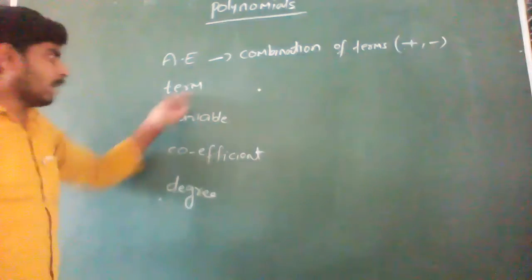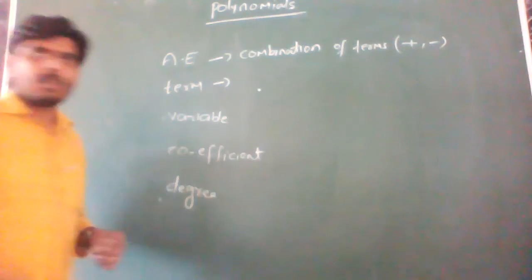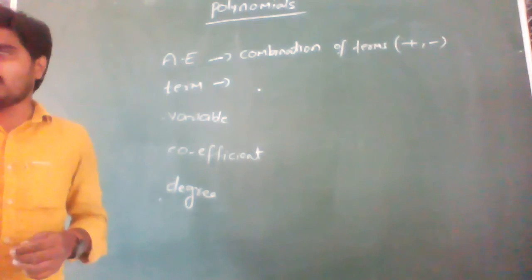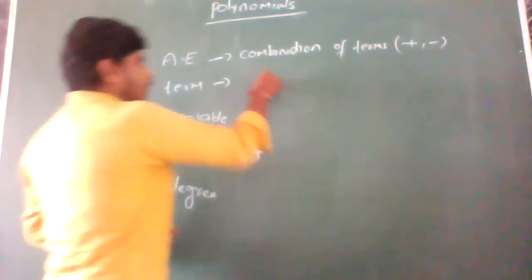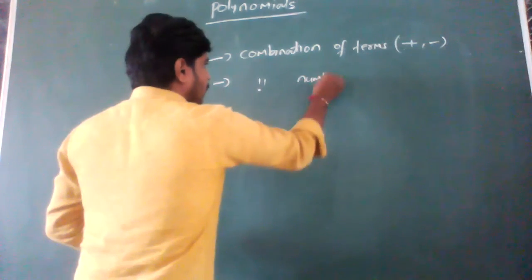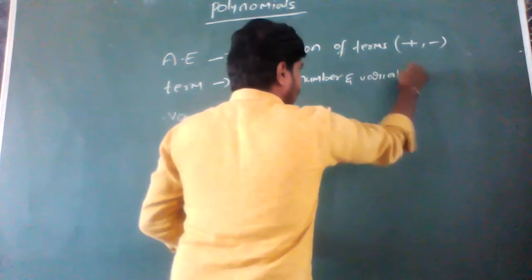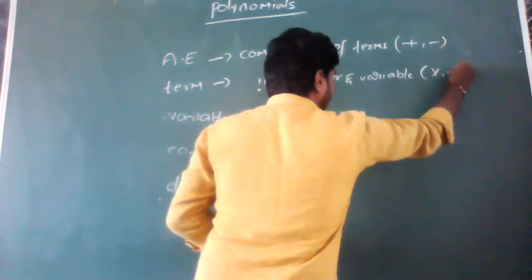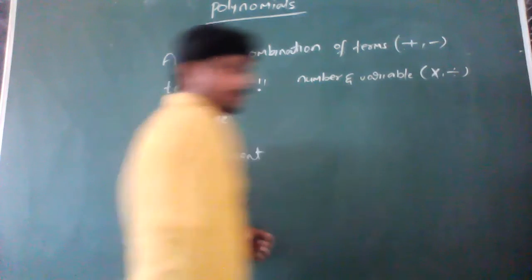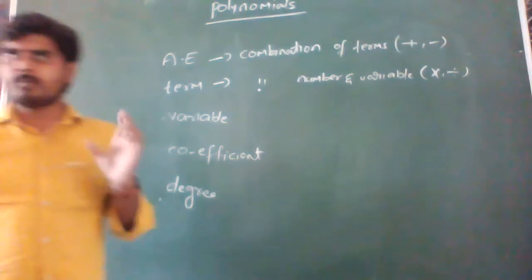Okay. And a term is a combination of variable and number, a combination of number and variable, joined with multiplication and division. Okay, did you get the concept?